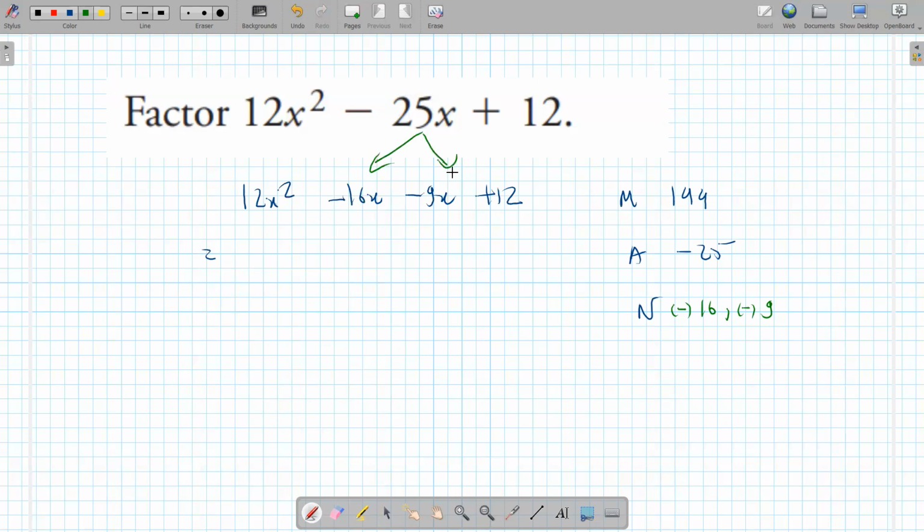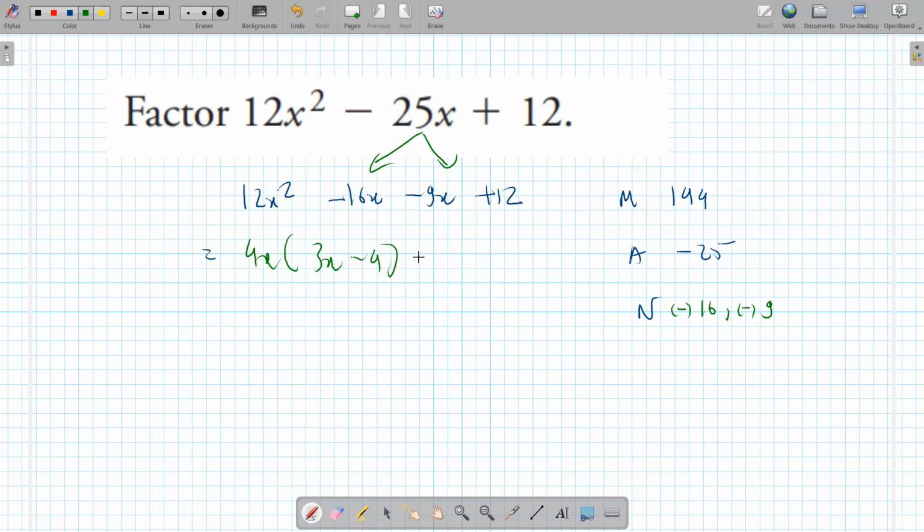What can we pull out from the first two terms? 4x. 4x is right. What are you left with? 3x minus 4. Yeah, 3x minus 4. From the next two terms, what can we pull out?